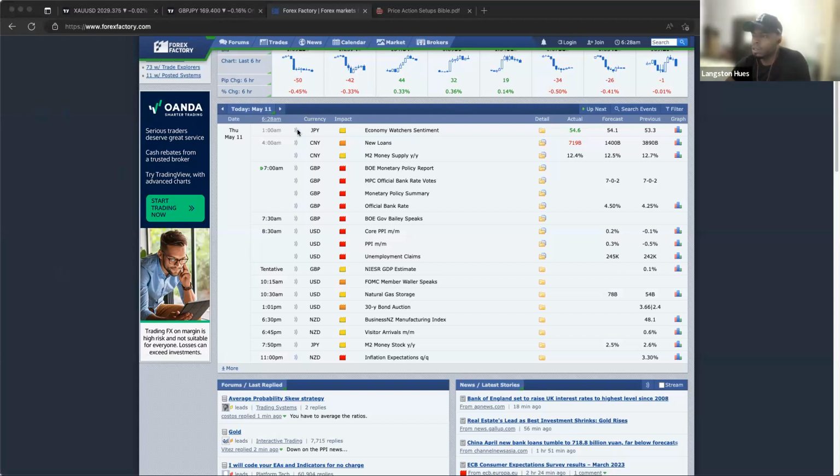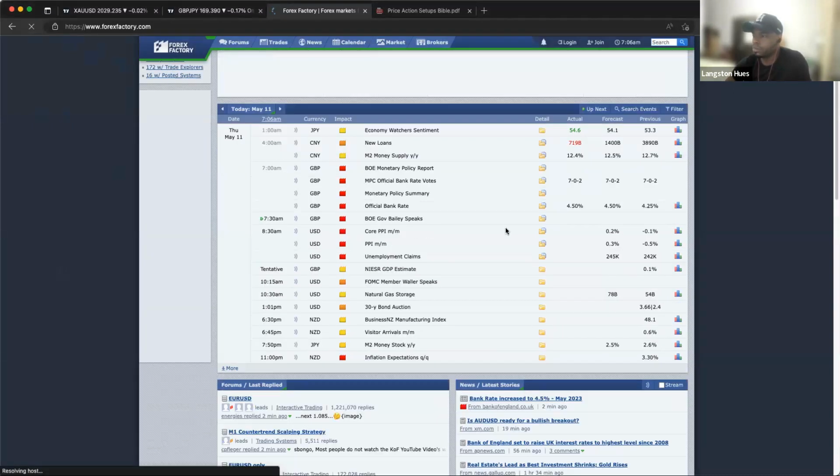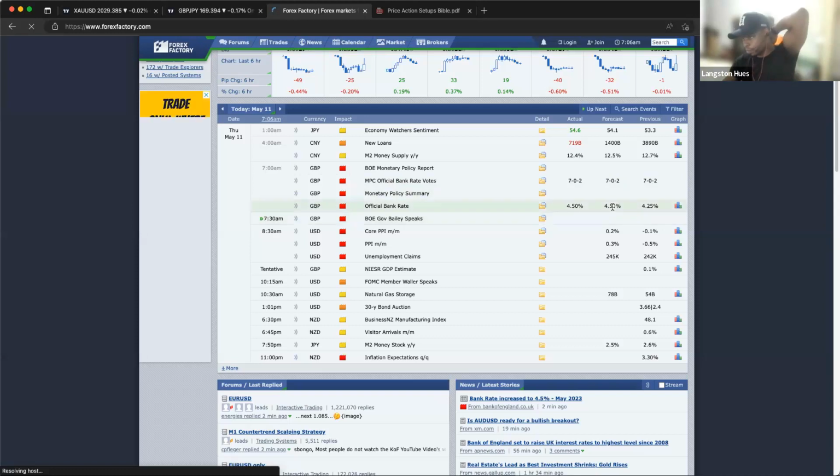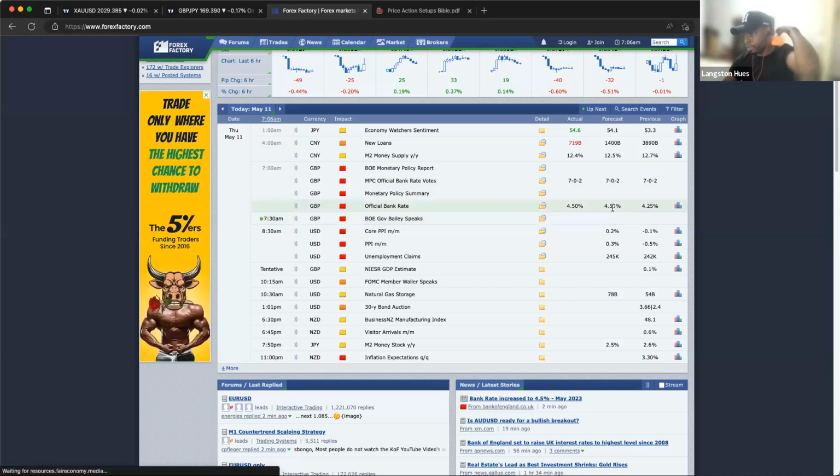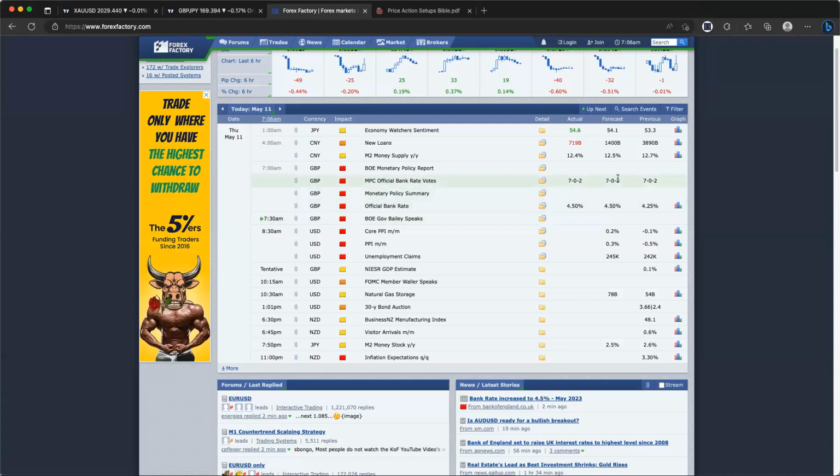Oh, cool. All right, so let's look at these numbers. The forecast was 4.5, so it wasn't that bad for the official bank rate, as well as for the votes. It was pretty much as forecasted.